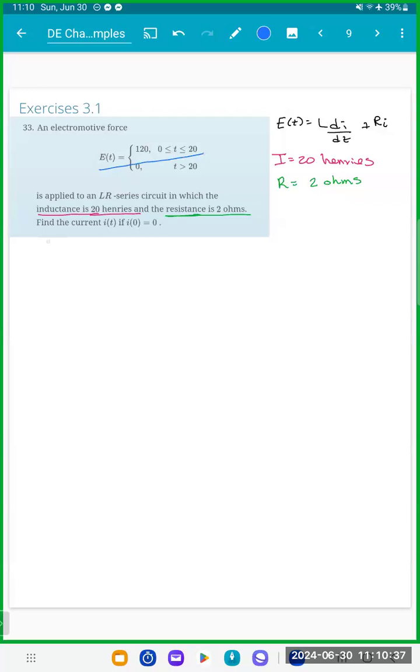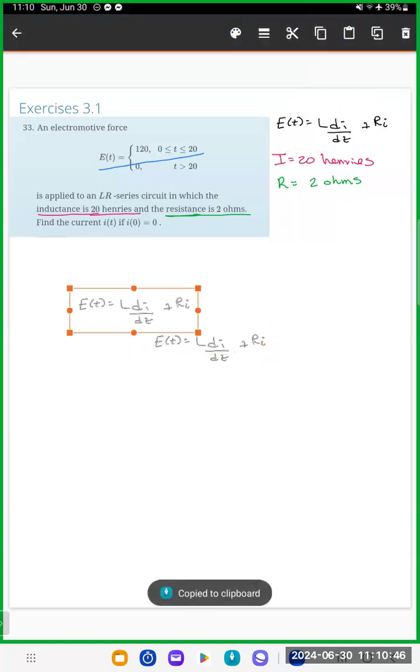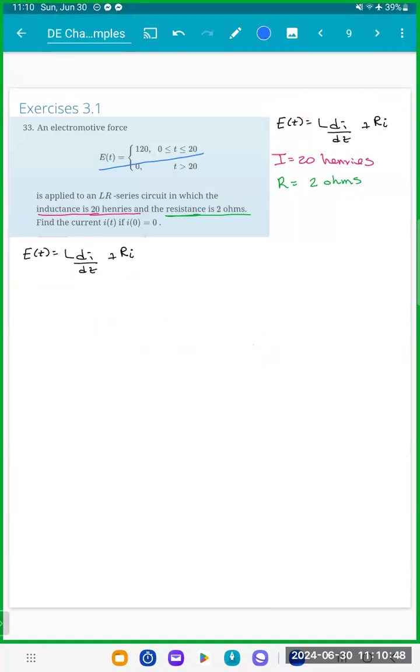Okay, so for the first one, that's going to give us E of t, that is 120, right?